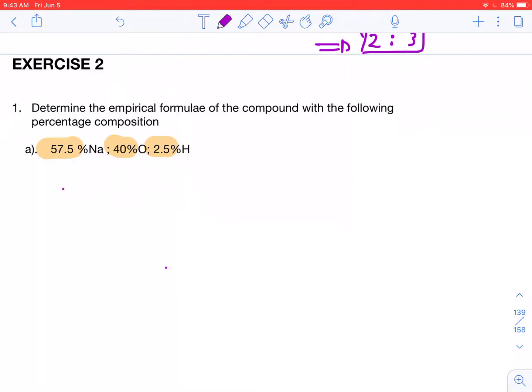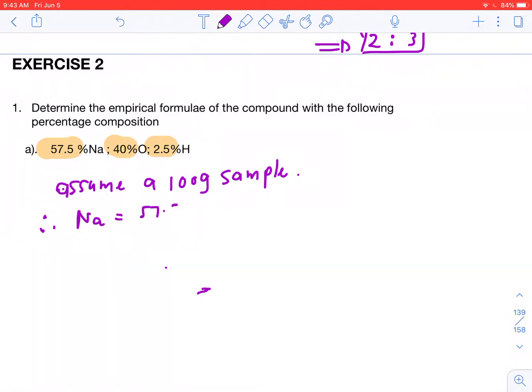We say, okay, assume a 100-gram sample. Therefore, Na is equal to 57.5 grams.